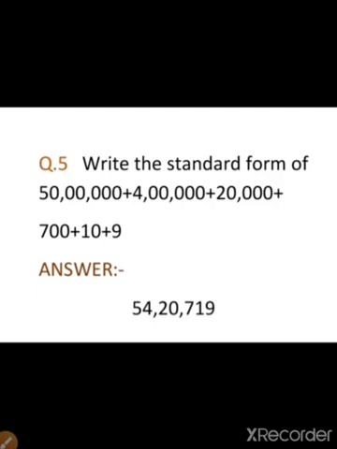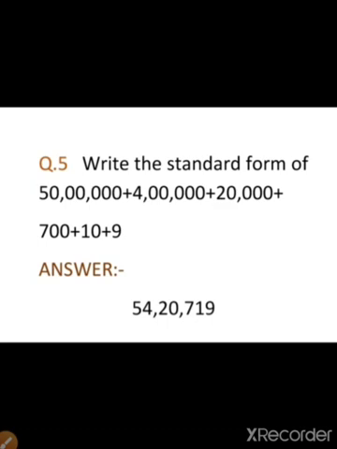Students, now this is another question. Question number 5. Write the standard form of 50 lakh plus 4 lakh plus 20,000 plus 700 plus 10 plus 9. So answer is given here. To get the standard form, you have to add all the numbers. So it is easy to do. It is just opposite of expanded form.